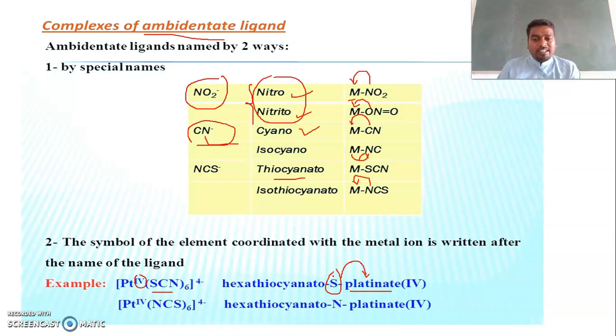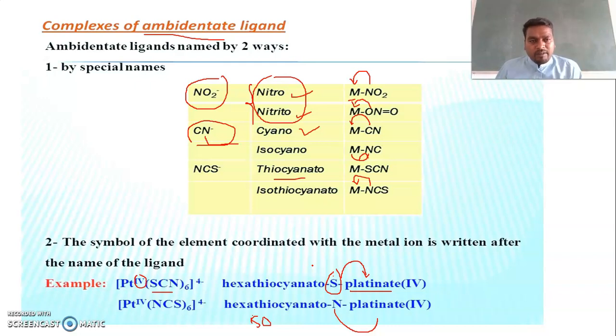Because here S is the donor atom. And here, hexathiocyanato-N platinate. Here nitrogen is the donor, so actually this is hexa iso. The name iso should come here: isothiocyanato-N platinate.